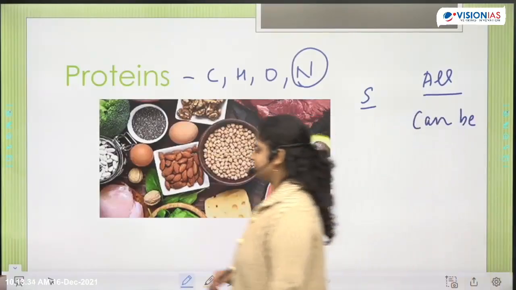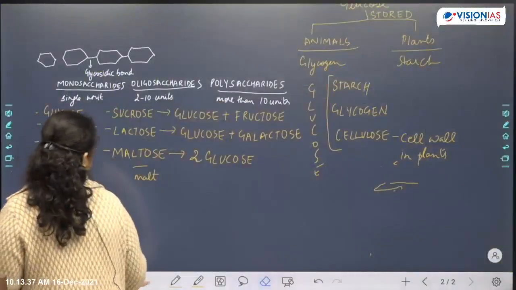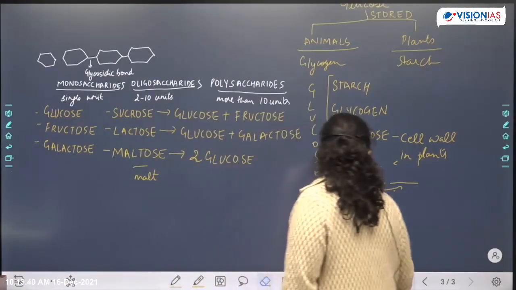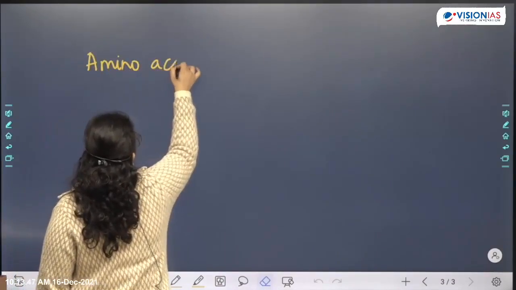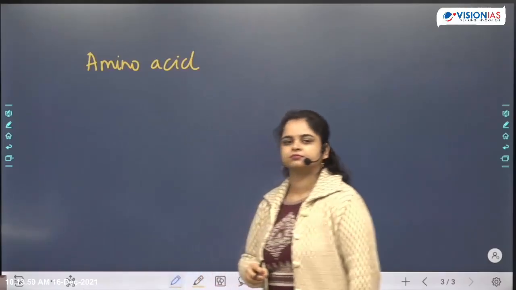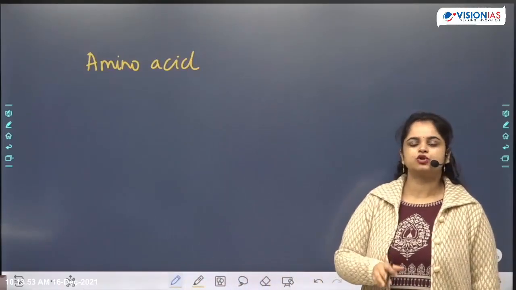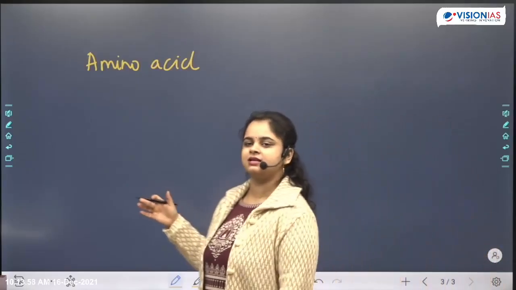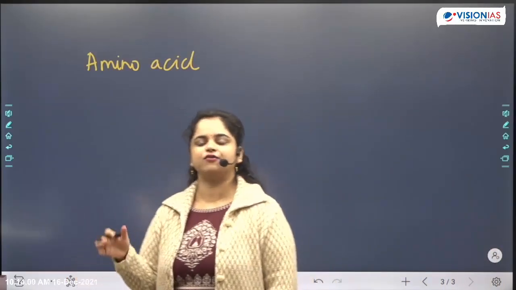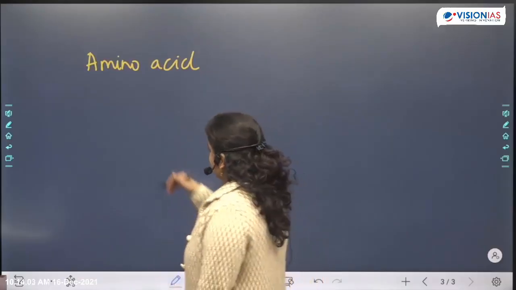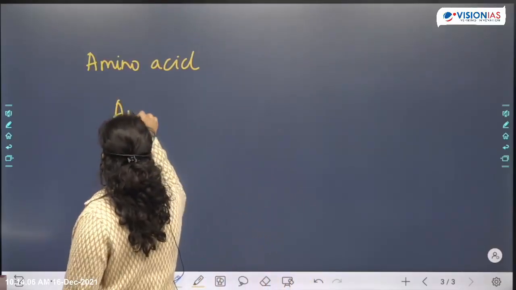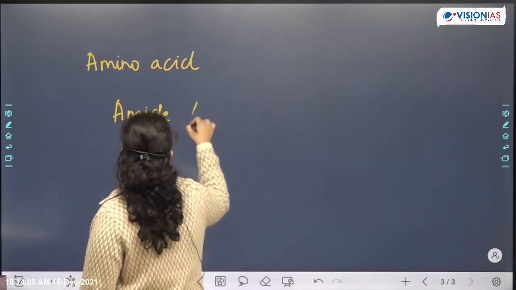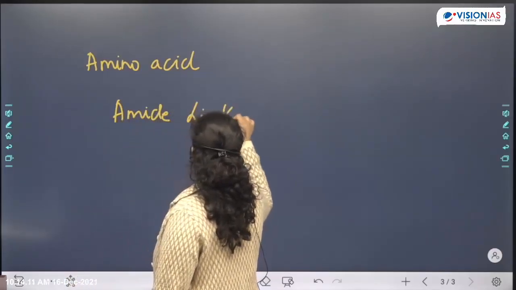Let's talk about the basic unit here now. Like we had monosaccharide units, when it comes to proteins, we have amino acids. The basic unit of a protein is amino acid, and different amino acids can join together and form proteins. The bond formed can be called with two names.